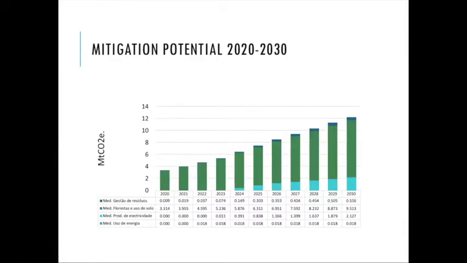And still within the Mozambique NDC, we can see in this plot that, as a result, the implementation of measures related to forests and land use will be the major contributors to the potential of mitigation in Mozambique, while at the same time contributing to local development in terms of adaptation and to the sustainable development goals as well.